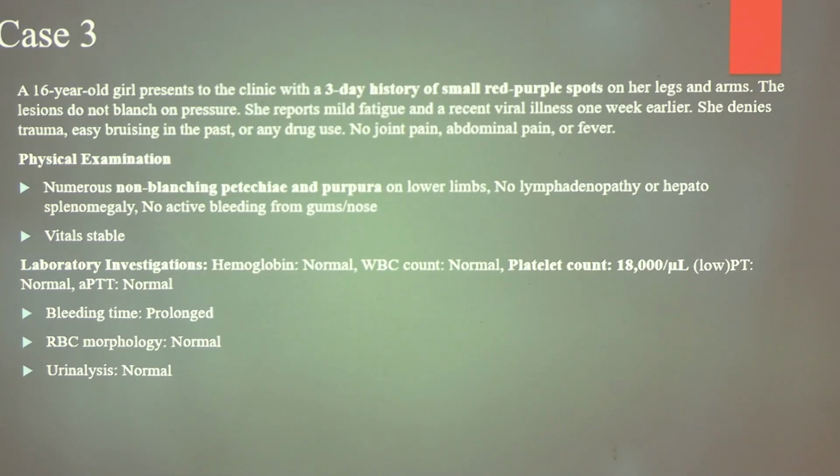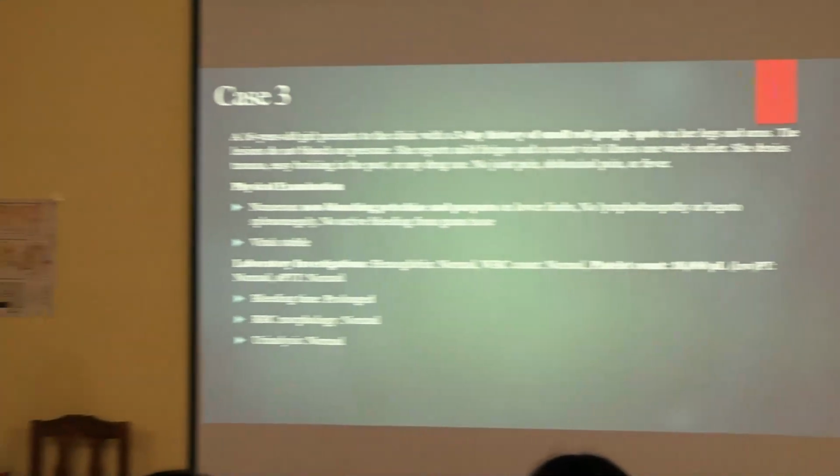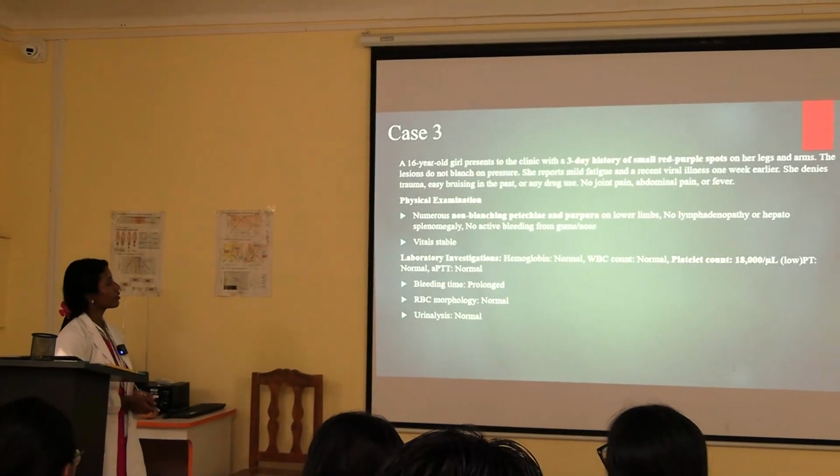She denies trauma, easy bruising in the past or any drug use, no joint pain, abdominal pain or fever. Physical examination: numerous non-blanching petechiae and purpura on the lower limbs, no lymphadenopathy or hepatosplenomegaly. Vitals are stable.